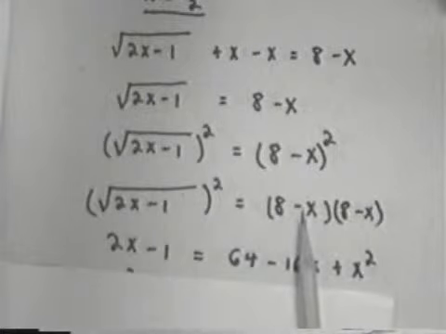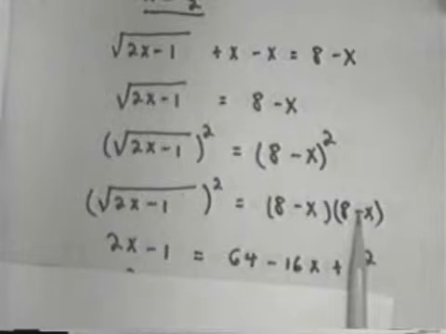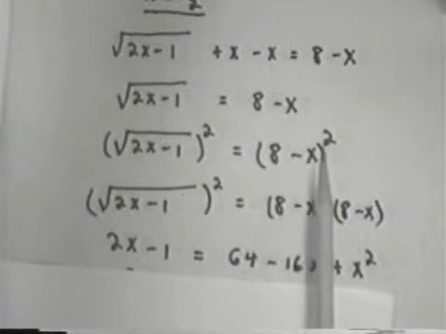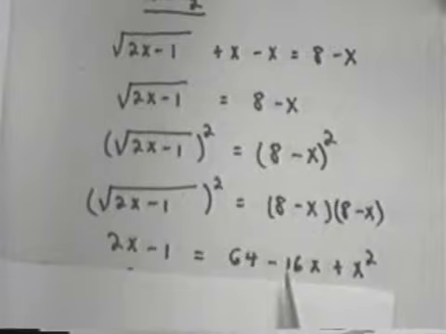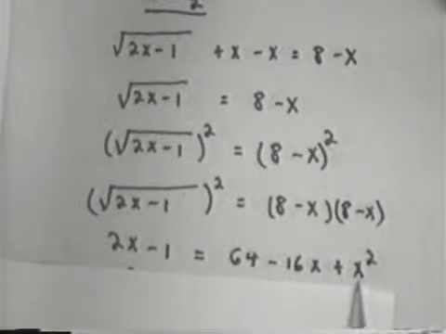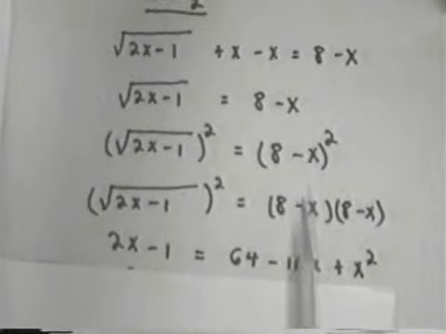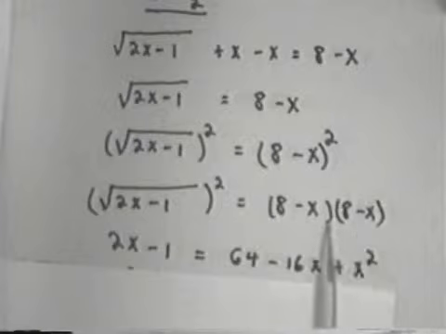And finally, the negative x times the negative x is positive x squared. So when I square 8 minus x quantity squared, I get 64 minus 16x plus x squared. Anytime you're squaring a polynomial expression, be very careful that you write it out and expand it completely.